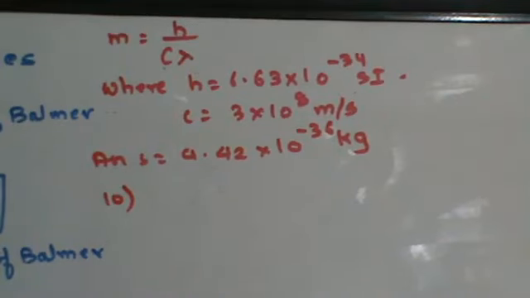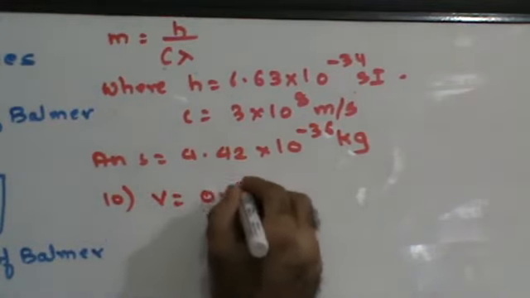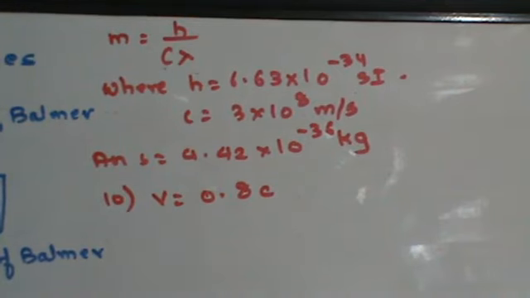Calculate the percentage increase in the rest mass of the electron when it is moving with a speed of 0.8 c, where c is the velocity of light.